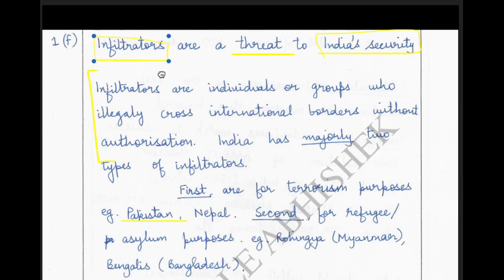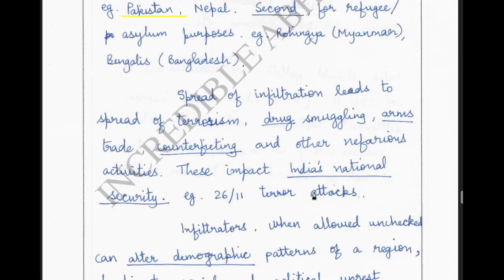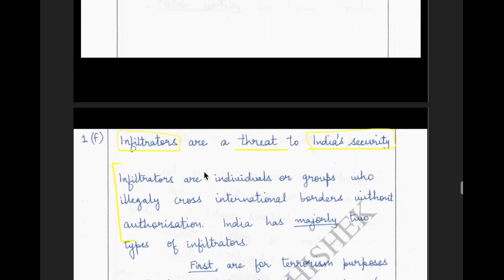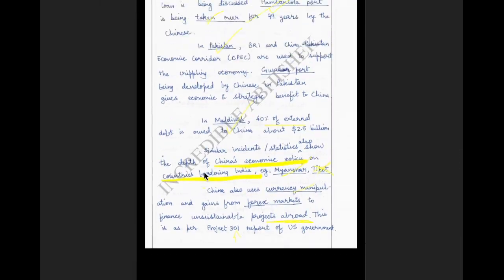He has categorized the infiltrators into two parts, terrorism and refugee, and now he will talk on each of them. This shows clarity of thought. And next, this is a proper example of clarity of thought. The proper example of flow of thought I forgot to mention here.